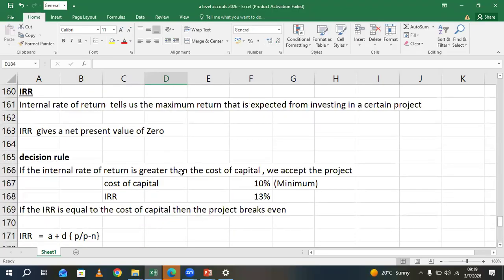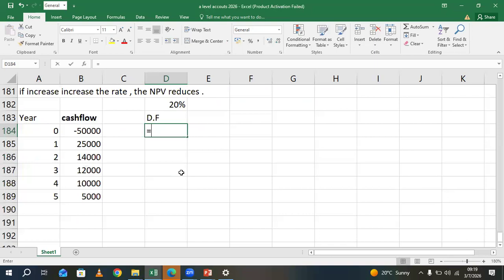So we're going to say 1 plus 20%. 20% in decimal is 0.2, so 1 plus 0.2 becomes 1.2, to the power negative n. For the first year, it will be to the power 0, so it's 1. For the second year, it's 1.2 to the power minus 1.